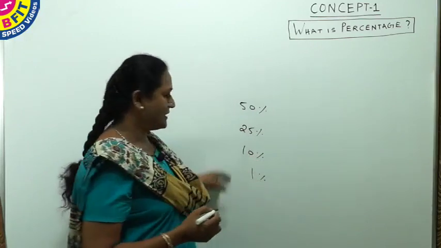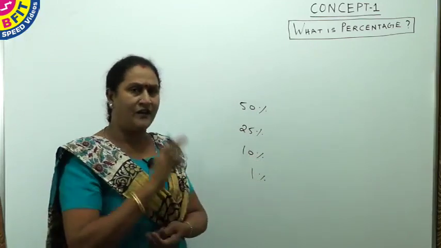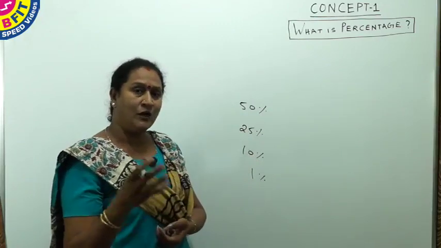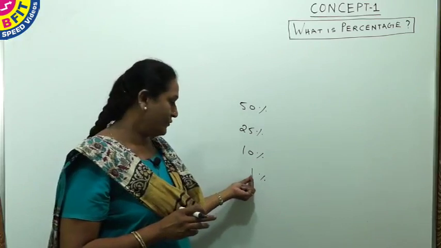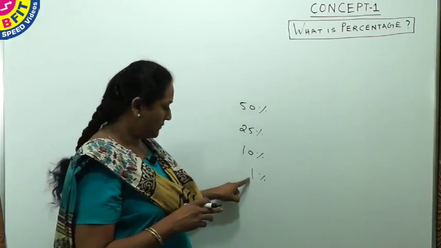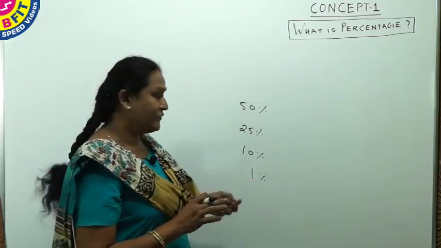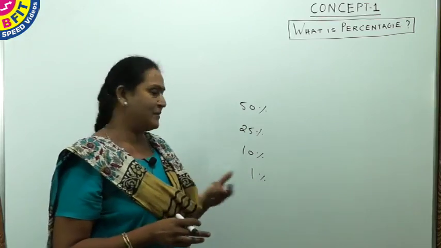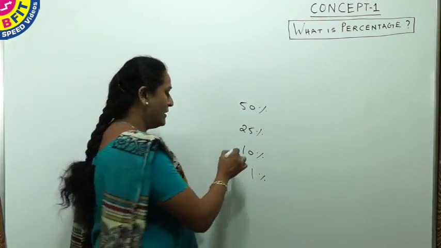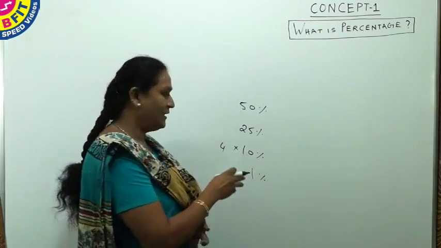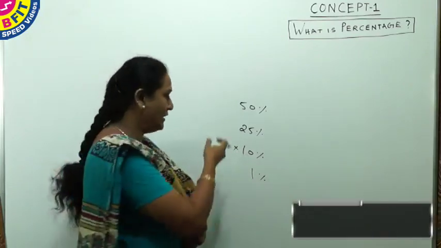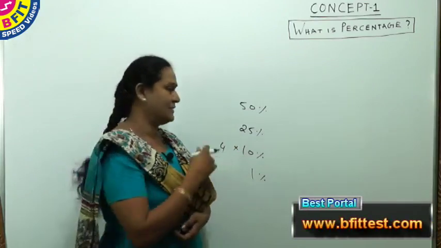Having these as the basic percentages, for any value we can coin whatever percentage is asked. If we find 1% and you require 3%, multiply this by 3. If you need 40%, find 10% of a given value and multiply this by 4, you get 40%. Accordingly, any required percentage can be coined from these basic percentages.